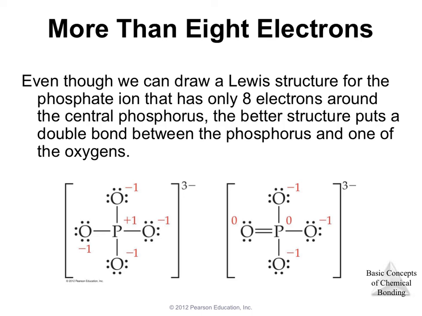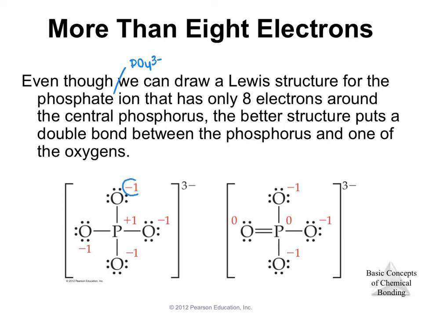Another situation might be with ions. If we look at the phosphate ion, which is PO4 3-, we can draw the Lewis structure for the phosphate ion with just the 8 electrons around it. But that is going to put a lot of charge on this.